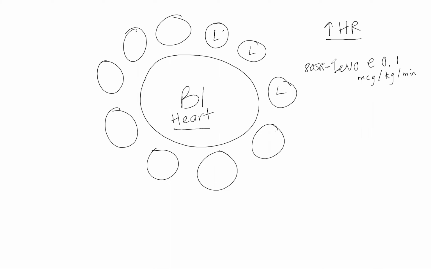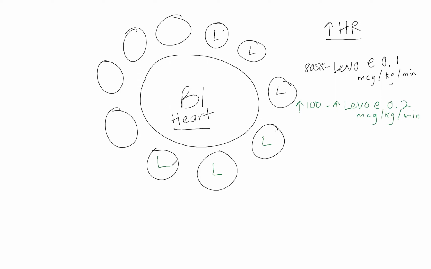So the patient's still a little hypotensive, not loving what I see. I'm going to go ahead and up titrate on my levo, and now we're going to go to 0.2 mics per kg per minute, just taking little snapshots. And at this point, this patient's heart rate has also gone up. Their heart rate is now at 100, and levophed has taken up, let's say, 3 more seats at the table.